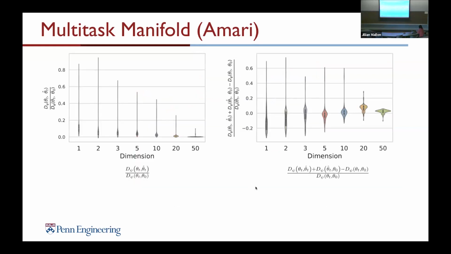This figure shows another two quantities for us to further verify our ideas. The first one, the numerator, is the Bregman divergence between theta t and theta t hat. Theta t hat is just a projection of theta t to the low dimensional space, because we are embedding theta t to the low dimensions, and we assume that we cannot fully capture theta t.